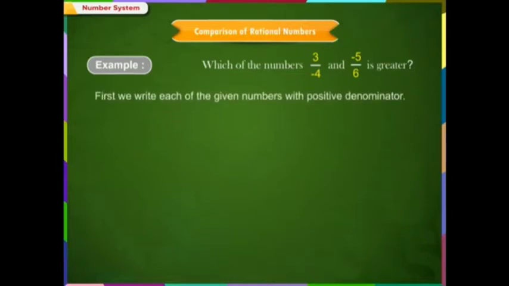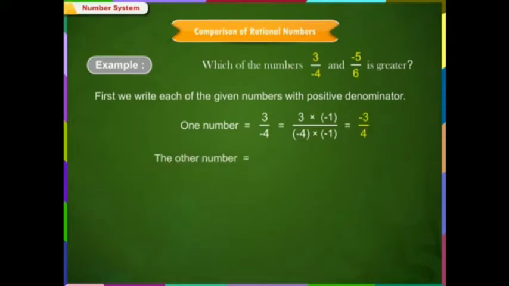Example. Which of the numbers 3 by -4 and -5 by 6 is greater? Solution. First, we write each of the given numbers with positive denominator. One number is 3 by -4, which is equal to 3 into -1 by -4 into -1, which is equal to -3 by 4. The other number is -5 by 6.